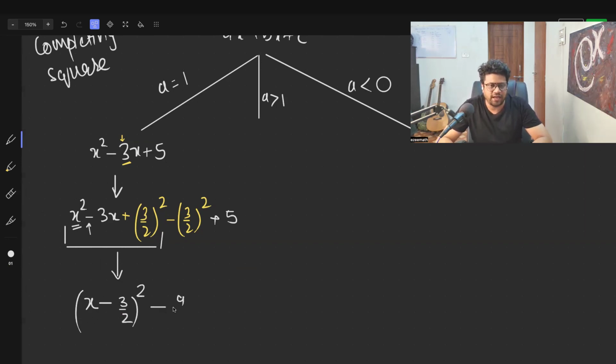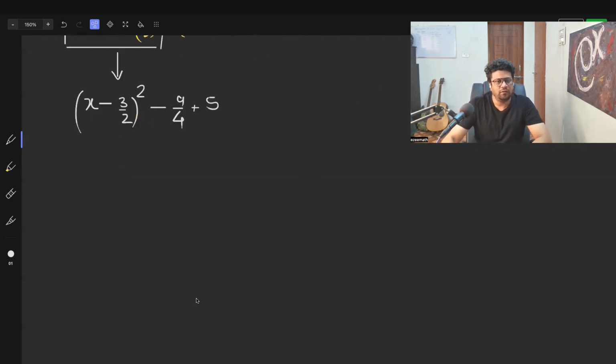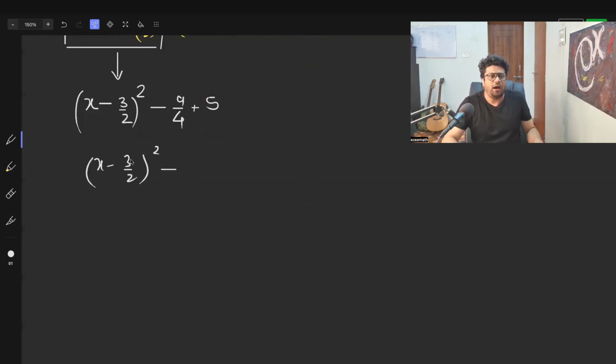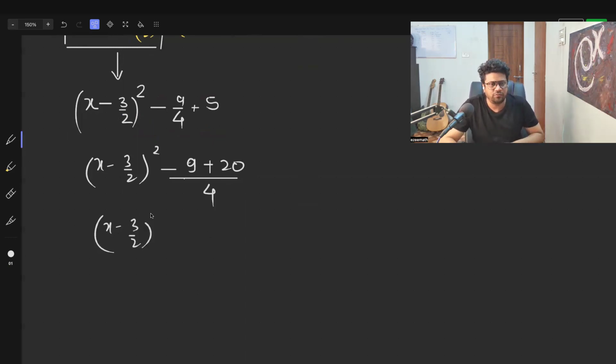And of course, there's a minus 9 by 4 plus a 5. From there on, you'd get (x minus 3 by 2) whole squared plus 11 by 4. That's your square form completed.